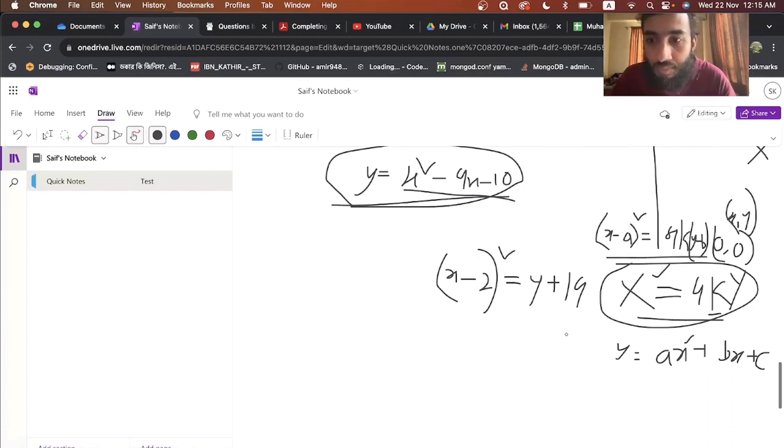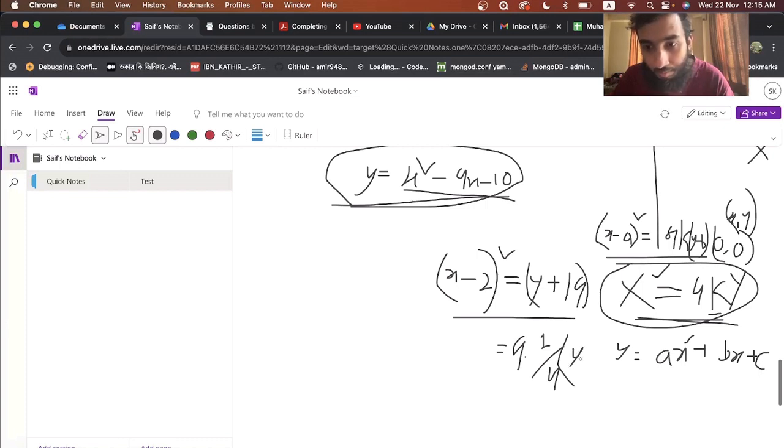So I can express this term by using x minus 2 whole square equals 4 into a constant, let's say 1 by 4, because I have to match this form of parabolic equation. So 4 into 1 by 4 is 1, which is 1 into y plus 14.